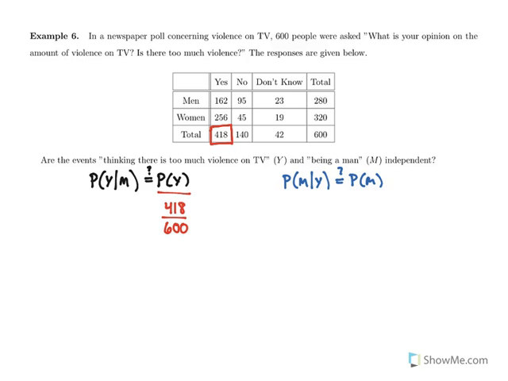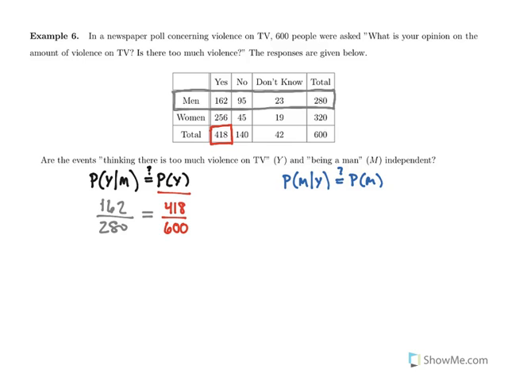When we think about yes given men, then we are looking at this men row as our total, looking at 280 as our new denominator. That's how many total men there are. And how many yeses are there out of that? 162. So the question here is, are these two fractions equal?